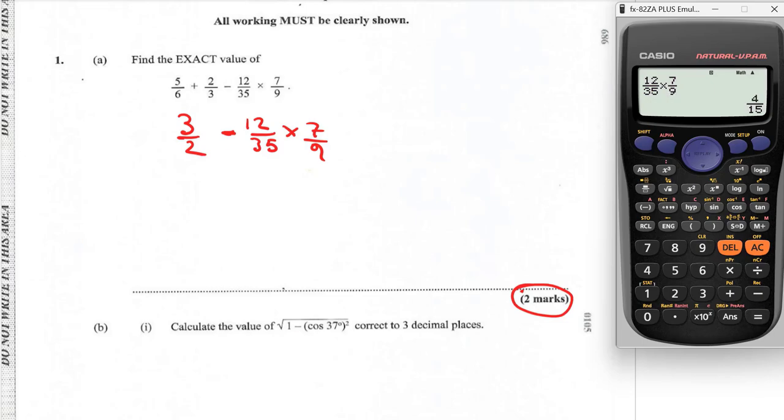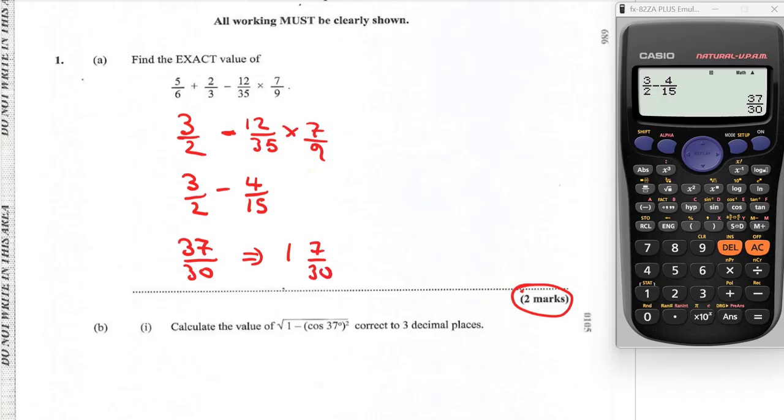That gives me 4 over 15. So this is 3 over 2 minus 4 over 15. Now if I enter this directly in my calculators, 3 over 2 minus 4 over 15, that's going to give me 37 over 30, and I can write this as a mixed fraction, and that gives me 1 and 7 over 30. So there we have our answer.